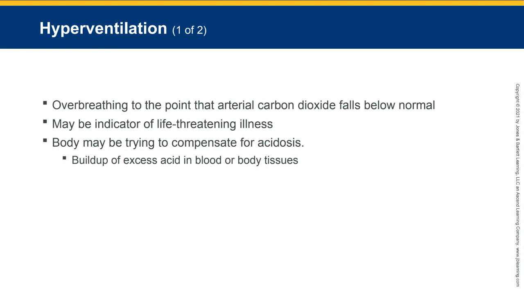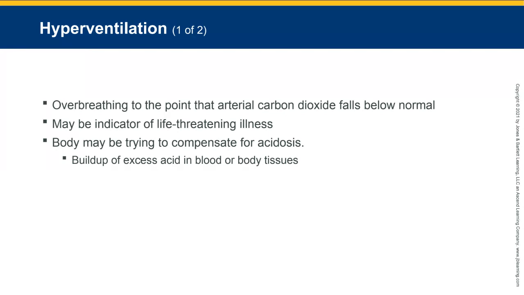Or it can be there is some type of metabolic acidosis that is occurring within the body, like a diabetic patient, a patient in diabetic ketoacidosis. Acidosis is building up in their body, and the body has to find a way to compensate for that.